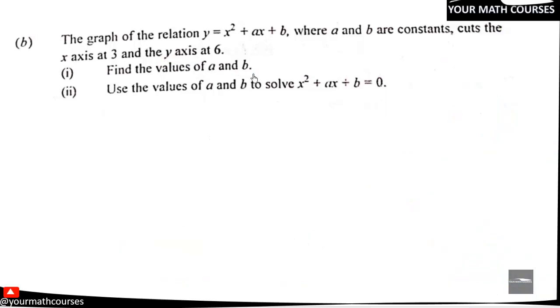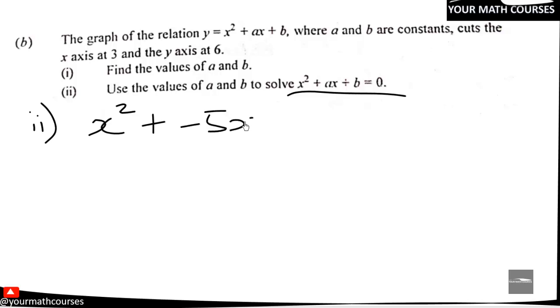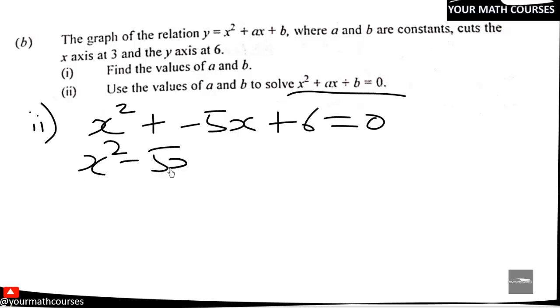So this equation becomes x squared plus ax, a is negative 5, plus b, b is 6, equals 0. So we have x squared minus 5x plus 6 equals 0.